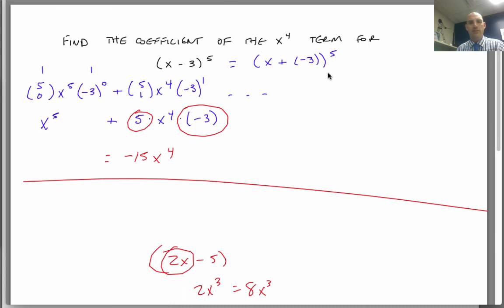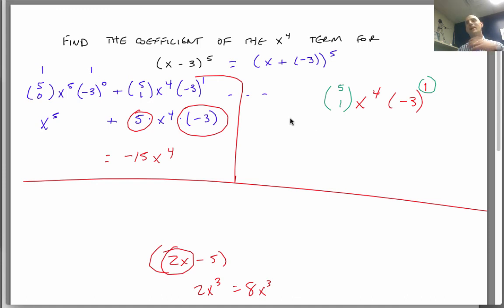If I'm going to actually do this problem here, my x to the 4th term is going to have a negative 3 term that's to the 1st power. And obviously I just did this, but this is how you would write it all out. Because these two things add up to 5, so 4 and 1 are 5, and then my coefficient from Pascal's triangle would be 5 choose 1, x to the 4th, negative 3 to the 1st power.